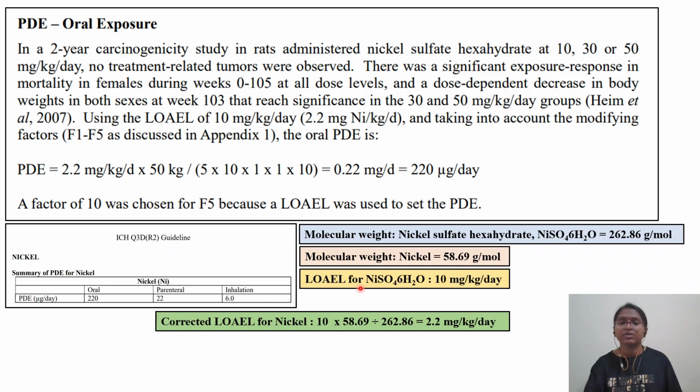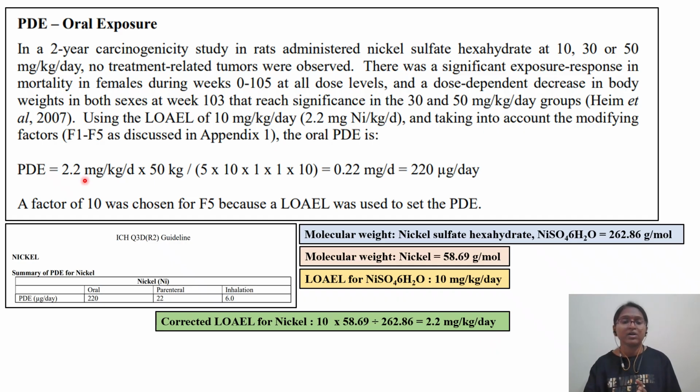So if 10 is the LOAEL for 262.86, the LOAEL for 58.69 is 10 times 58.69 divided by 262.86. This gives 2.2 mg per kg per day as the LOAEL for nickel, which is what the ICH Q3D authors considered.